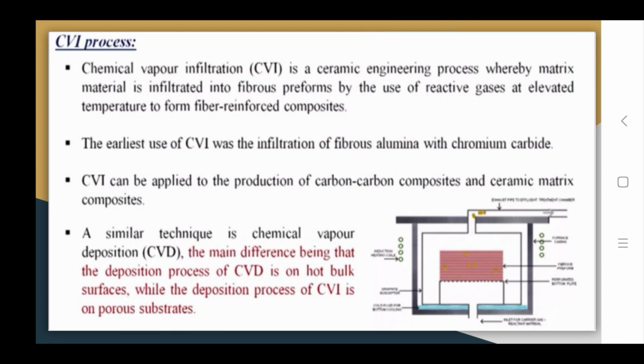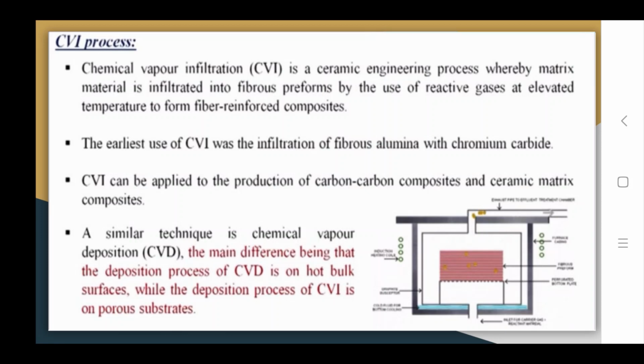From this particular case, you can understand that at the inlet we are putting the chemical carrier gas and the reactant material. Then the carrier gas is going through this fibrous material, and then the molecules are reacting inside, and some molecules with the carrier gas are going out of the material.